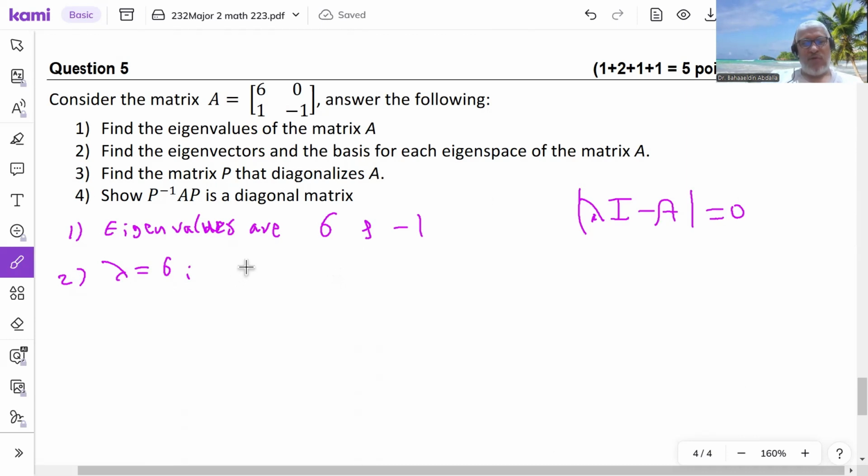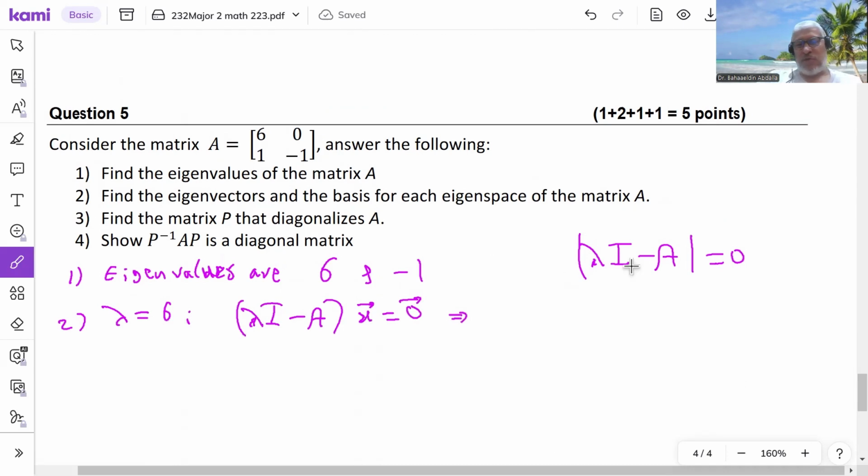We need to solve the equation lambda I minus A matrix times vector x equals the vector 0. So what is lambda I minus A? Let me explain it to you in case you don't know it. I is the matrix 1, 0, 0, 1. So lambda I would be lambda 0, 0, lambda.